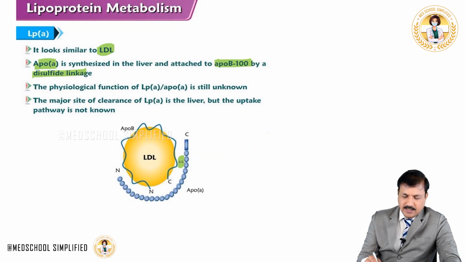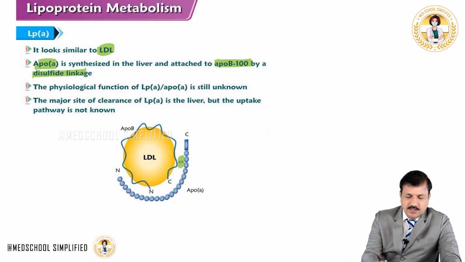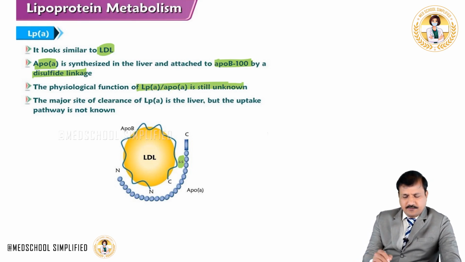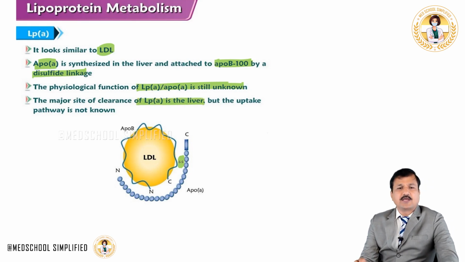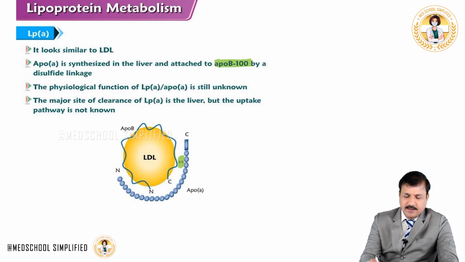What is the physiological significance of lipoprotein A? Why is it synthesized in the liver? The physiological function is still not known. The major site of clearance is the liver, but the uptake pathway is also not known. So there are many things that are not clear.